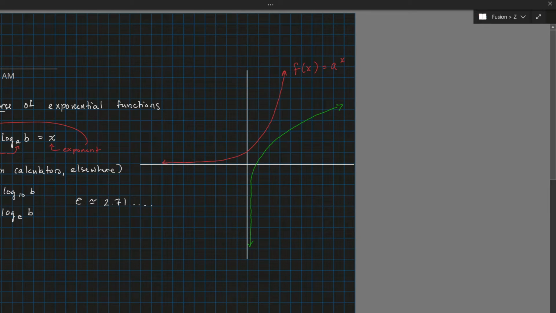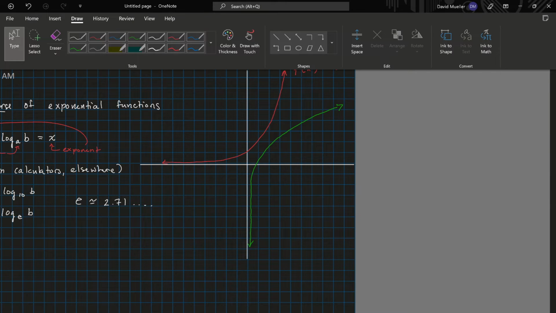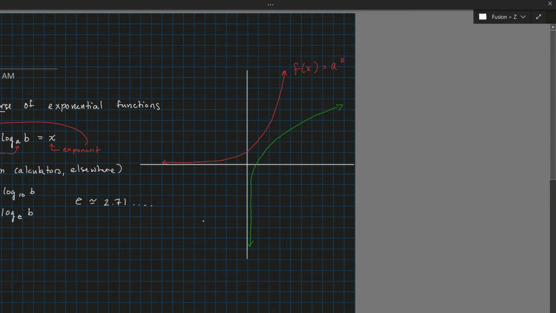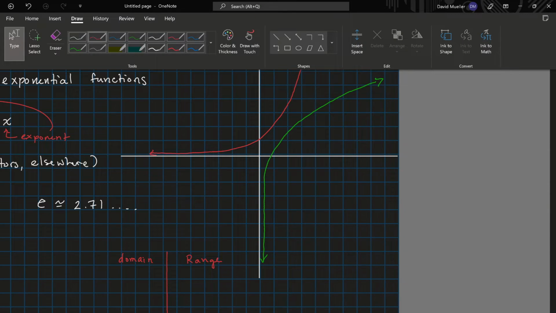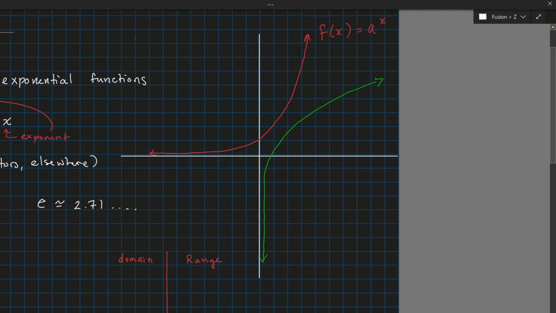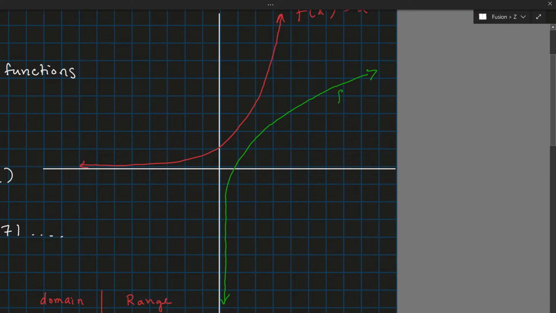Okay. And so, again, if you recall, the domain and range. Wait, so that top one is not, the bottom one's the log? The green one is the log. Okay. Yeah, here, I'll write. Log is a specific function.